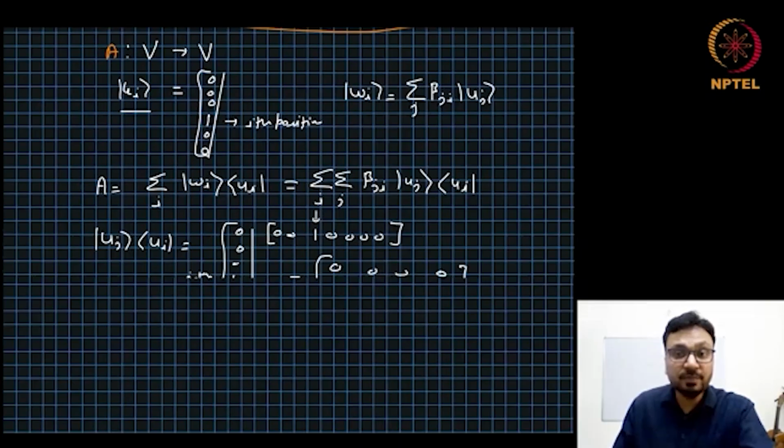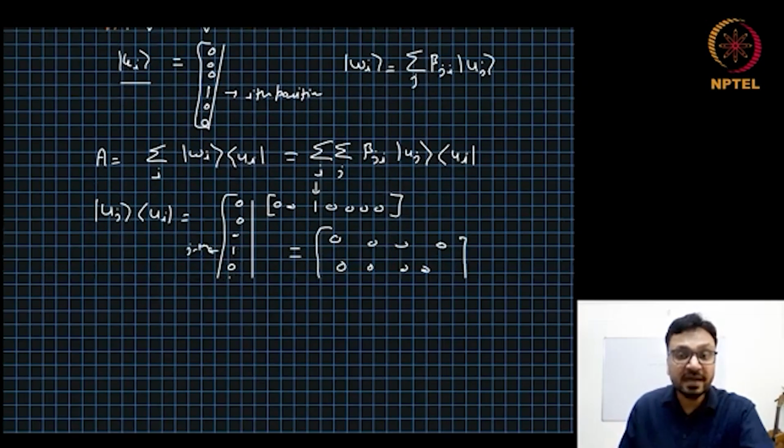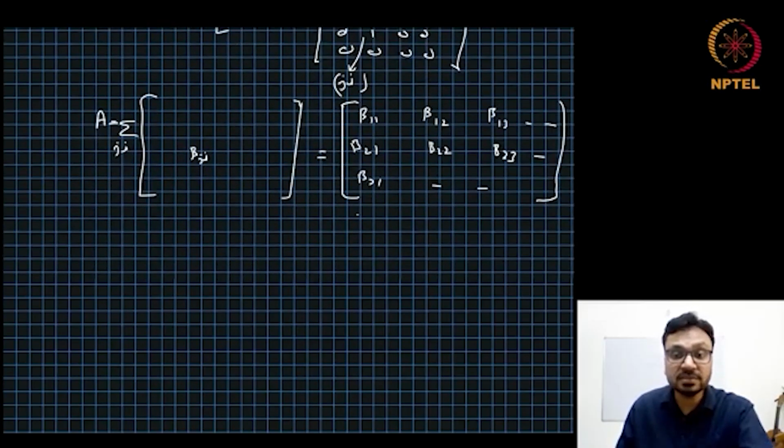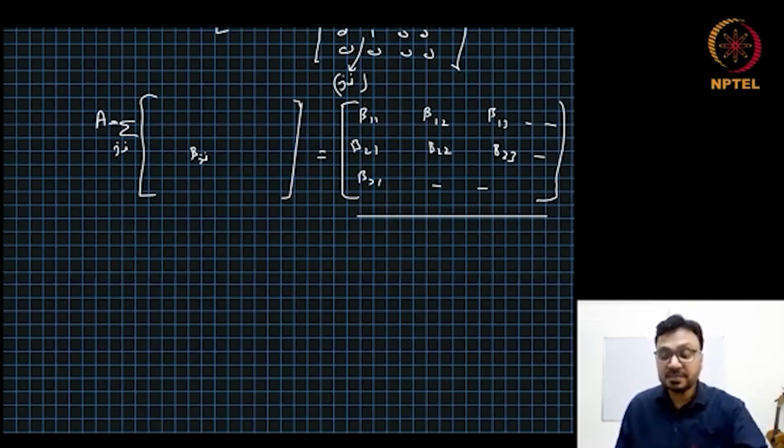Once we decompose ωi in the same orthonormal basis uj with coefficients beta ji, we substitute this expression and the matrix representation of the vectors, and we get a corresponding representation for the operator. This confirms our claim that every linear operator can be represented as a matrix.